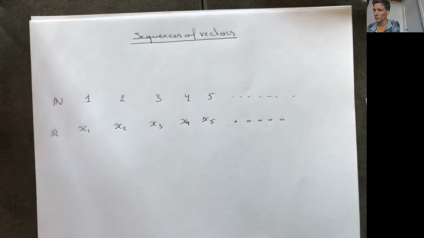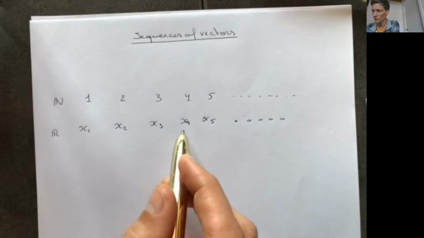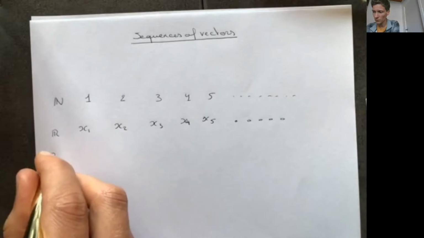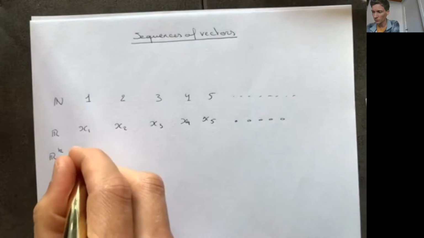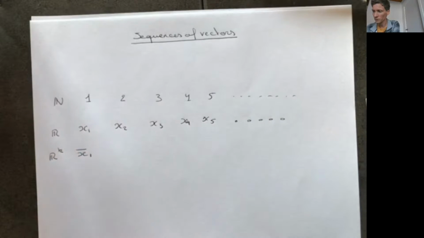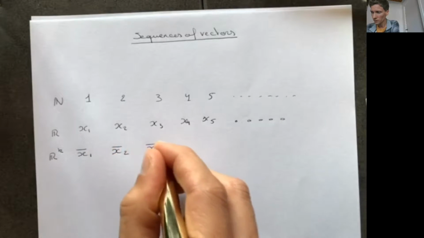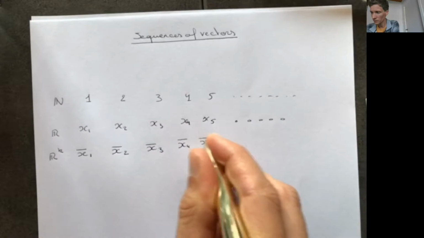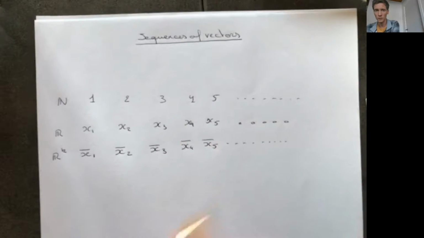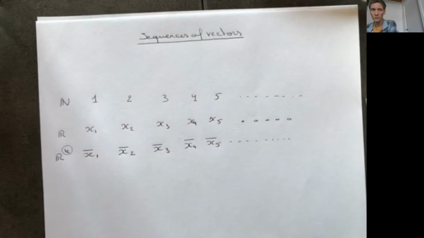Now, a sequence of vectors is very similar, except that we don't have numbers in the sequence, but now we have vectors. Okay, so elements of R^k. So this could be a first vector, this could be a second vector, a third vector, a fourth vector, a fifth vector, and so on. Okay, so it's important that all these vectors are of the same dimension.